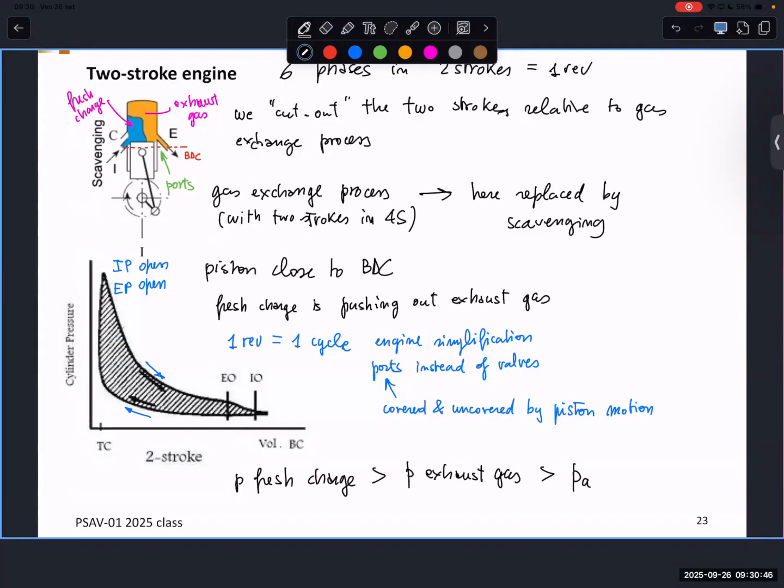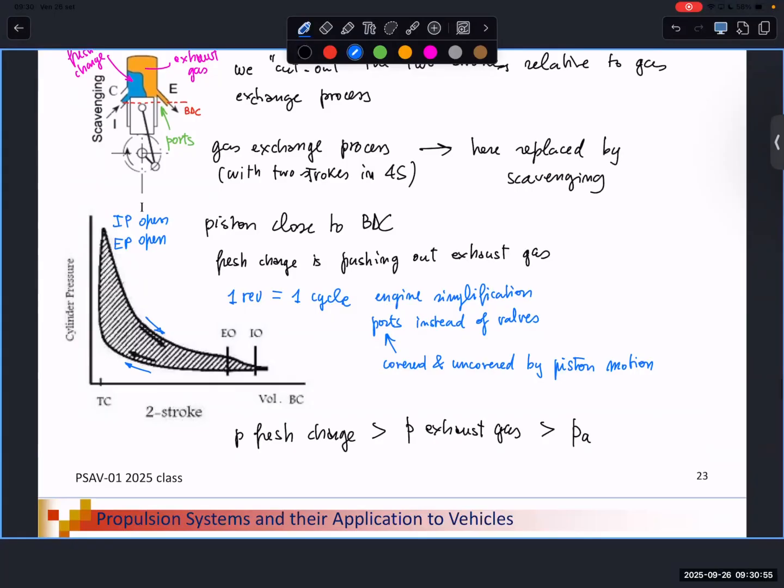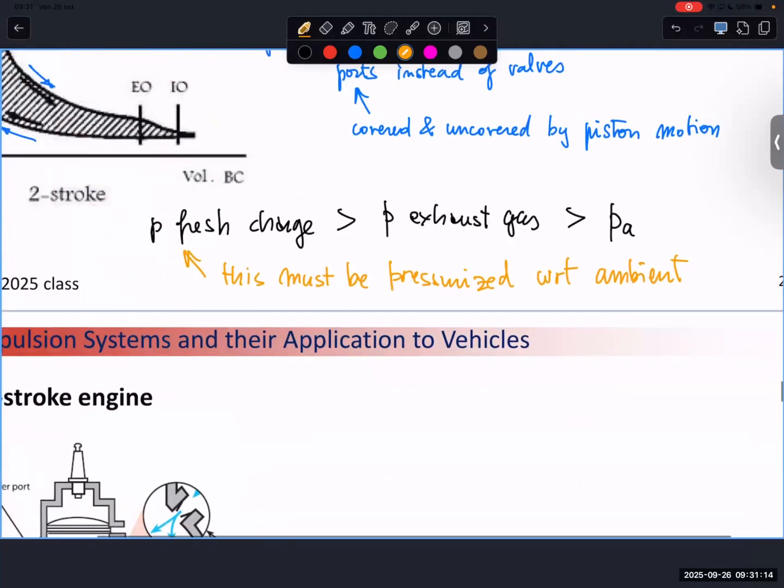So what we have to do is to consider that the fresh charge must be somehow pressurized. This must be pressurized with respect to the ambient pressure.